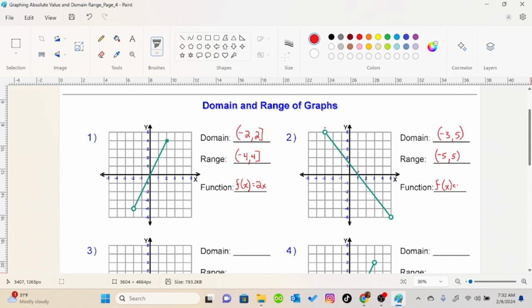So our slope would be -5 over 4x. And we see that we cross the y-axis at maybe 1.25.